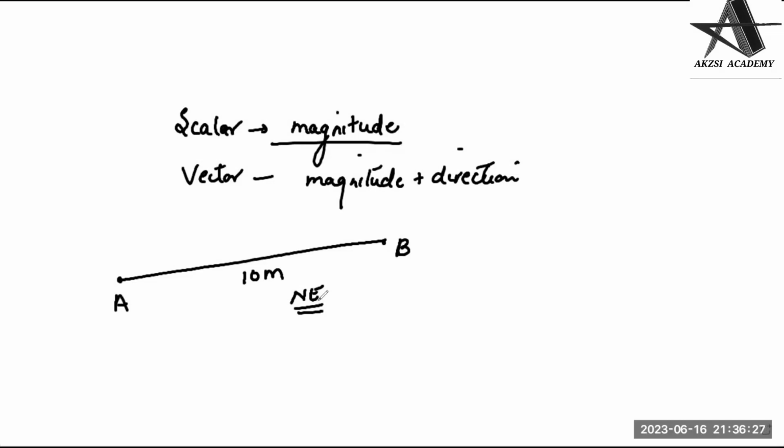Now coming to the mathematics, if I can specify direction, how in mathematics do we specify direction? Using arrows. So if I'm moving from A to B, I'll use this arrow. And if I'm moving from B to A, then I'll use this arrow. Since we have started vectors, we have to see how we represent a vector.